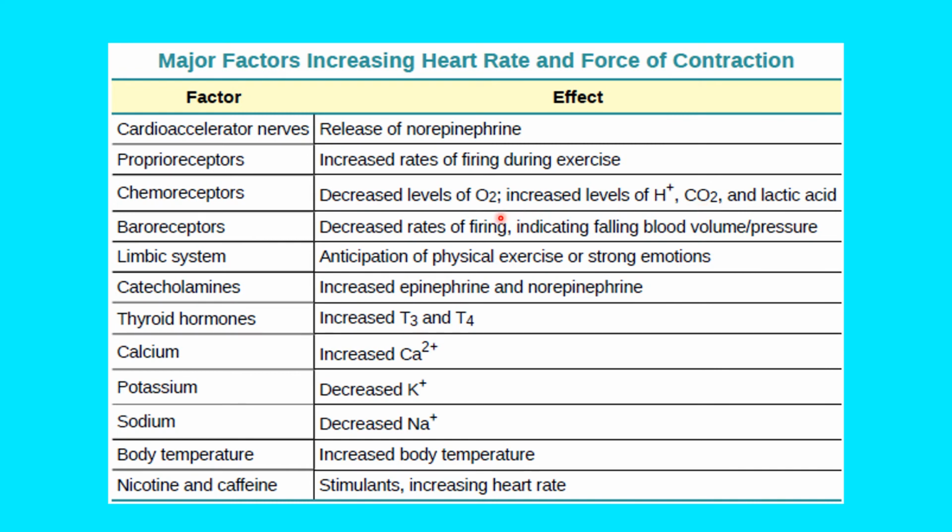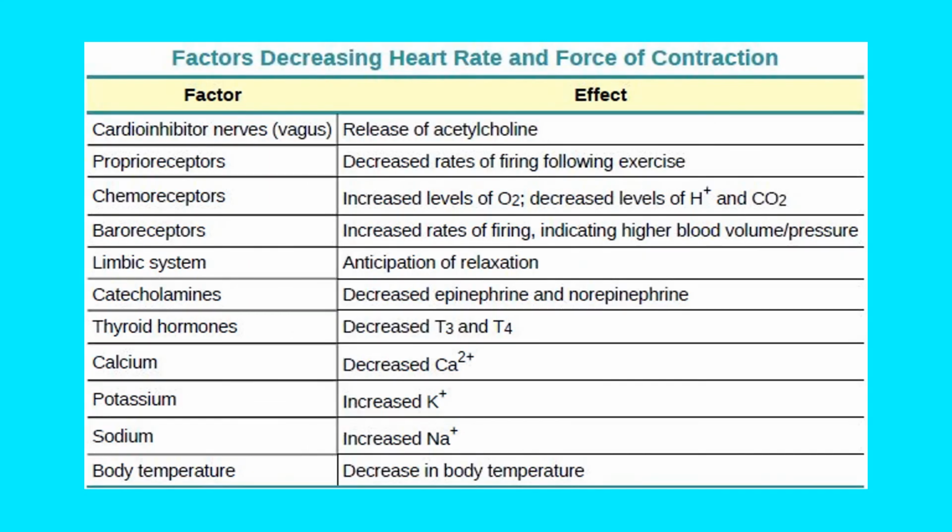Not so much low levels of oxygen, but the increased levels of CO2. Like, oh, we need to get more oxygen in here. And it shows some of the different ions, etc. Nicotine and caffeine are both stimulants. That's going to increase the heart rate. And then factors that will decrease the heart rate, like a decrease in body temperature.